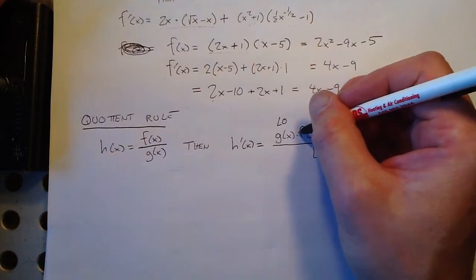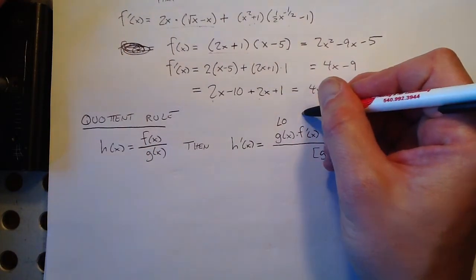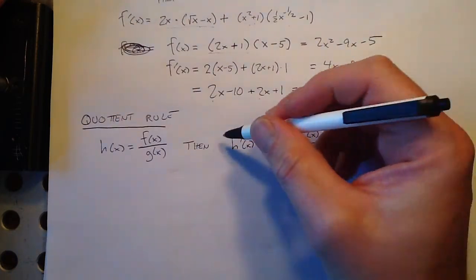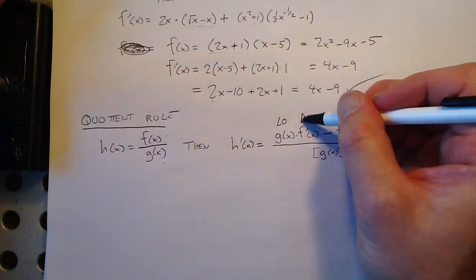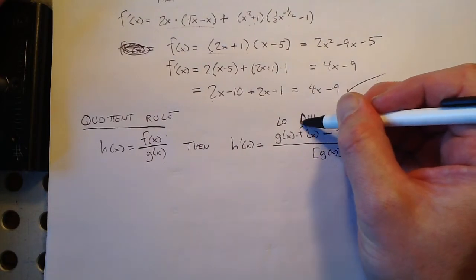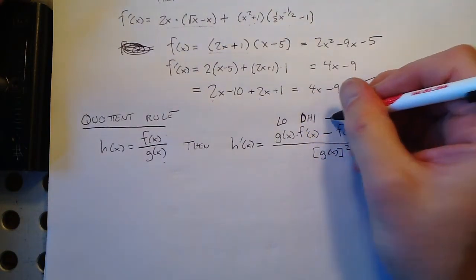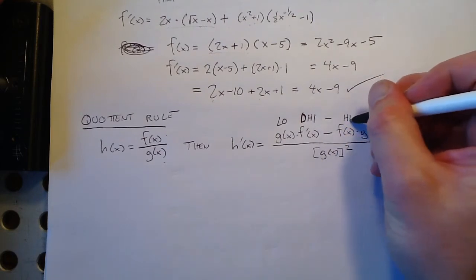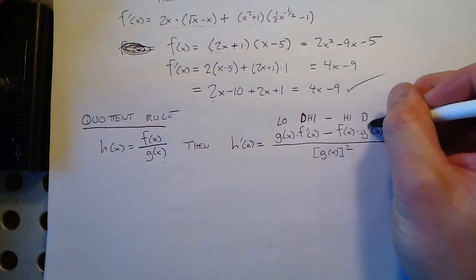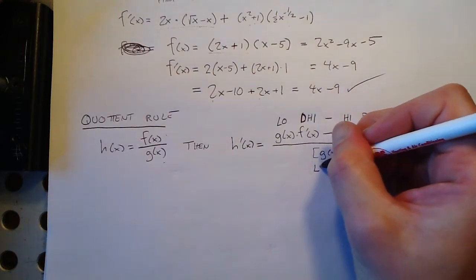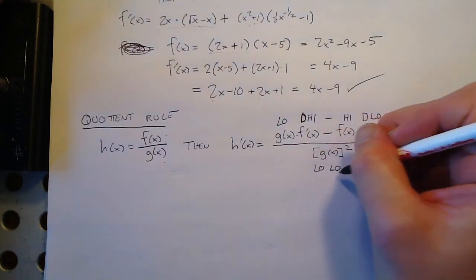And then we're taking the derivative of this one, so I'm going to say d, and I'm going to call that the high one, right? This is the low and this is the high. Whenever I say d in front of something, that means you should be taking the derivative of that one. And then minus, this is high d, that's taking the derivative of the bottom one, and then over low, low.